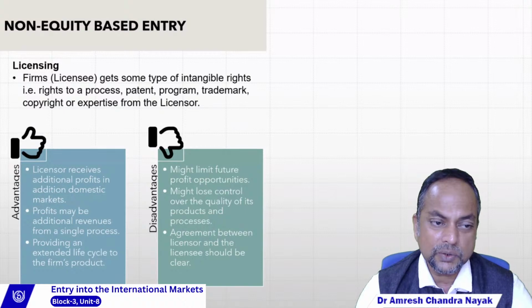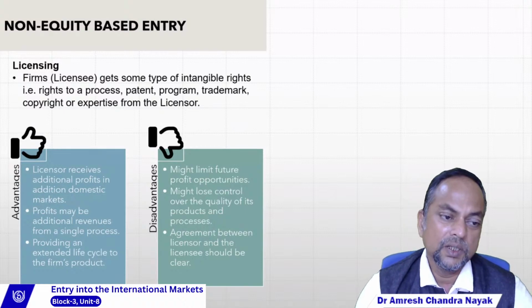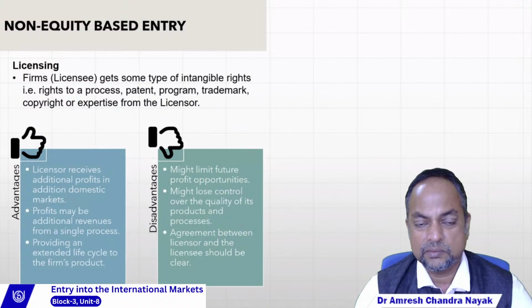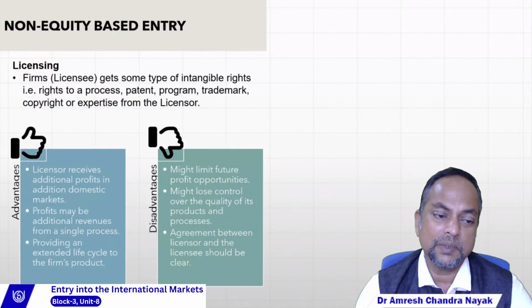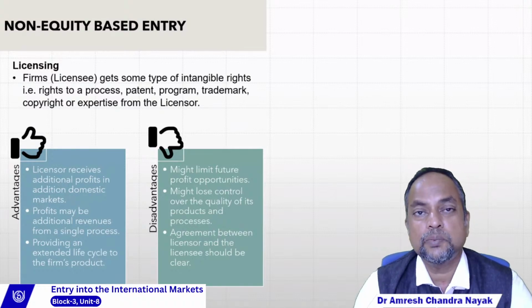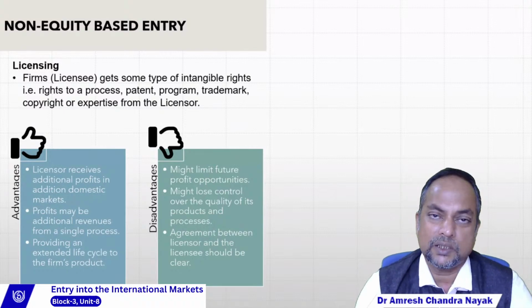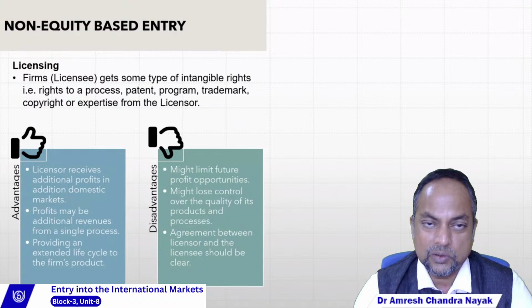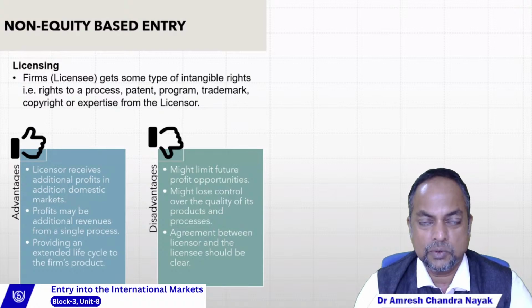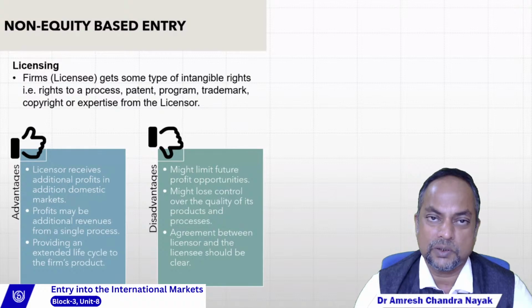So this is a source of additional profit for me, and these additional profits can be generated through single processes from the host country. So I'm not outsourcing everything. I'm not venturing into other host countries through all of my policies, plans, rules, regulations. No, right? So a single process.